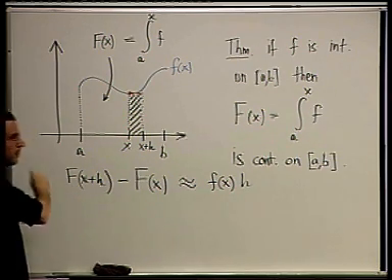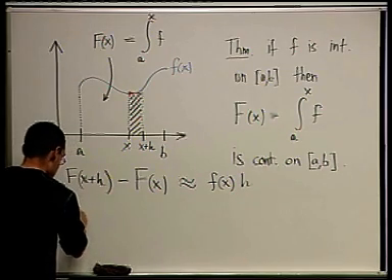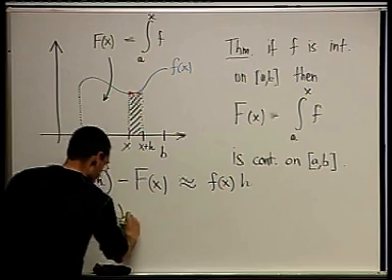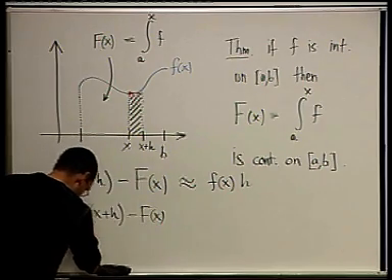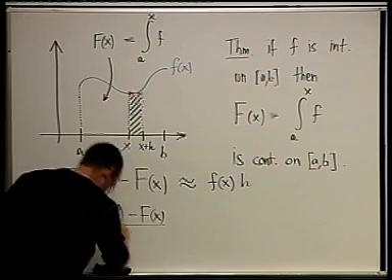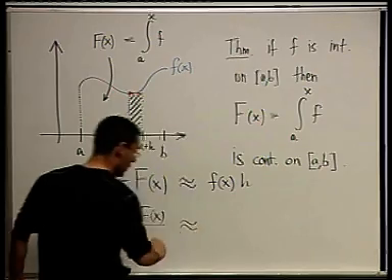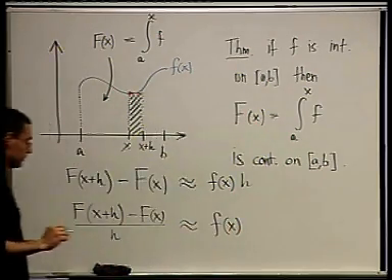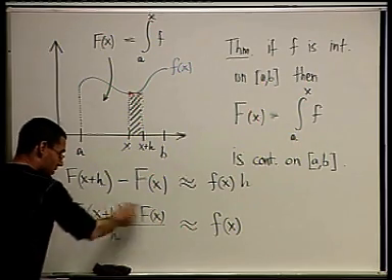Let's divide both sides by h. What do I get? I get capital F of x plus h minus capital F of x, divided by h, squiggly equals just little f of x. Do you agree? But what is this thing?